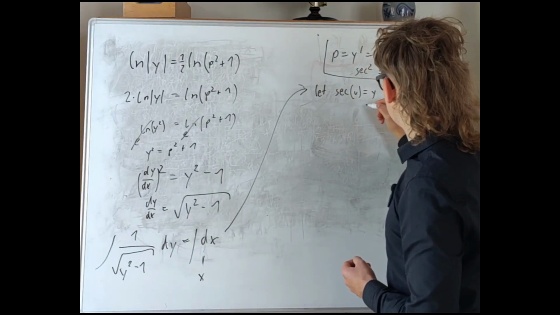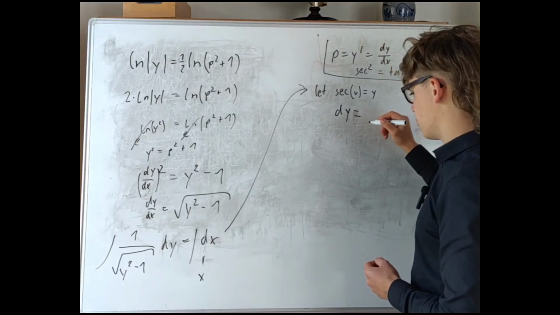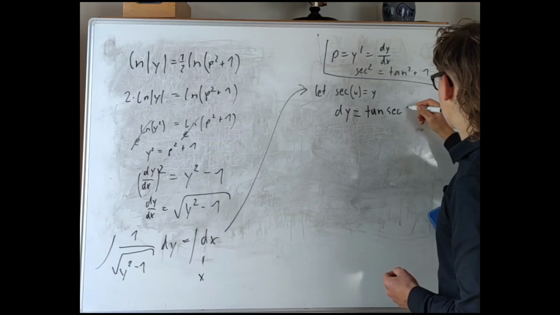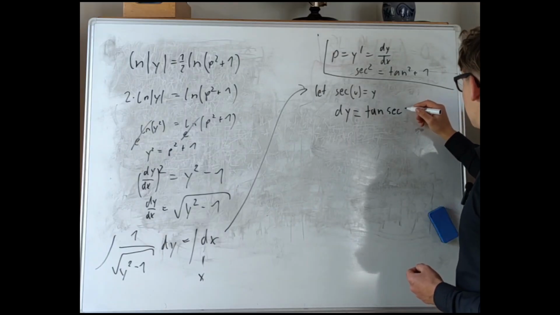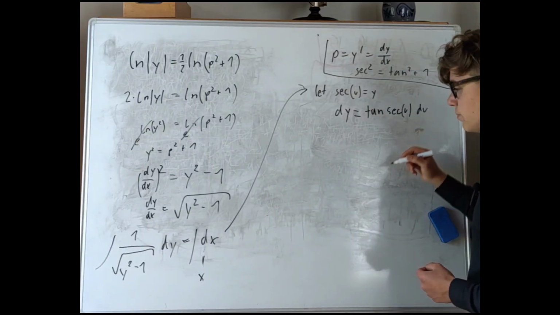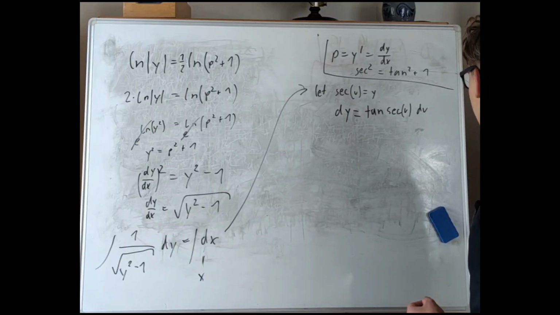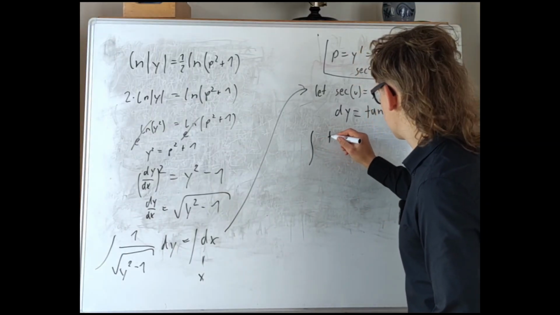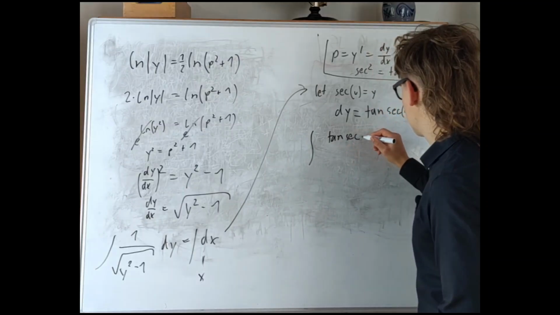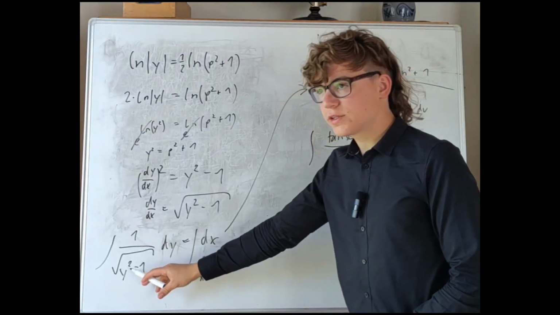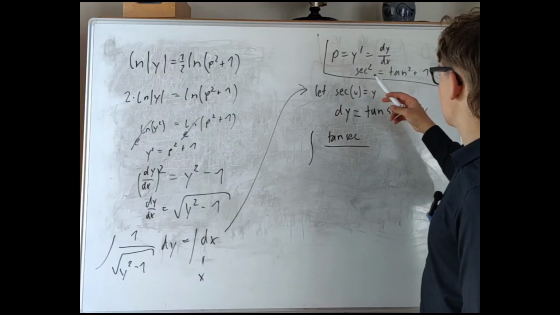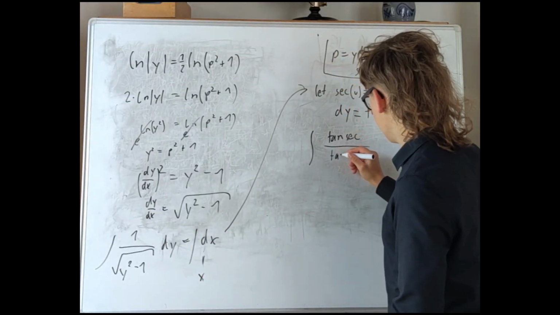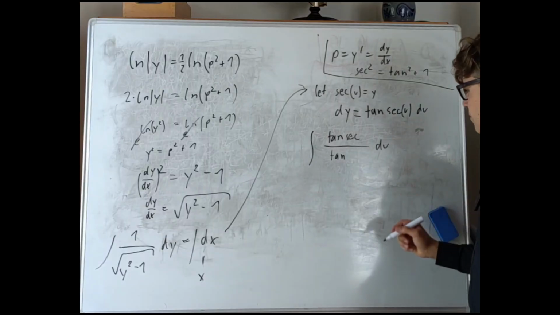Now we get that dy is equal to tangent secant of u du, and so the new integral is just tangent secant over, this is y squared, so that's secant squared minus 1, so that's tan squared, the square root of tan squared is just tan, and all of this du.